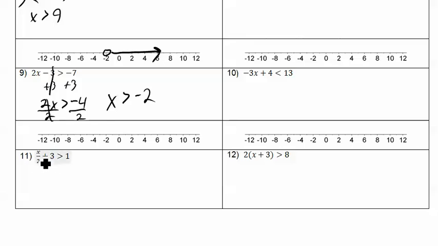This one, so we have to get the term with x by itself. So we're going to do the opposite of the other one. So what is the opposite of plus 3? Minus 3. And x divided by 2 is greater than negative 2, sorry.